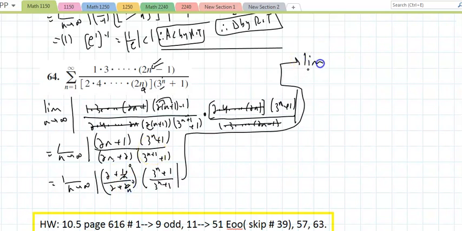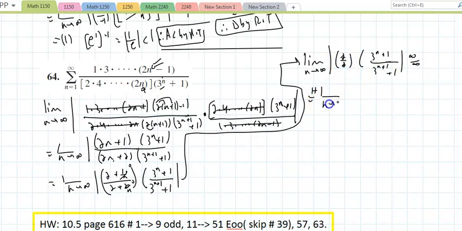I'll be looking at 2 over 2, which is a 1. And 3 to the n plus 1 over 3 to the n plus 1 plus 1. I forgot. So now by L'Hopital, because that's infinity over infinity, this is a 1.